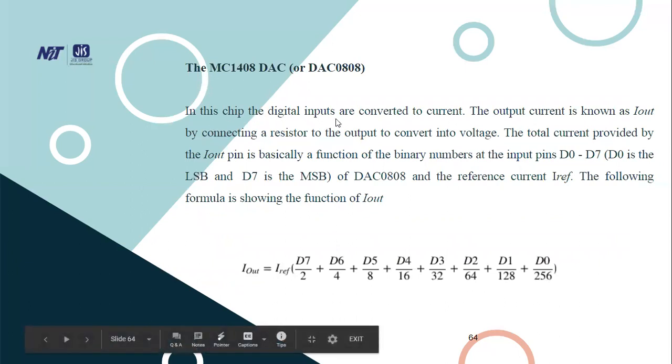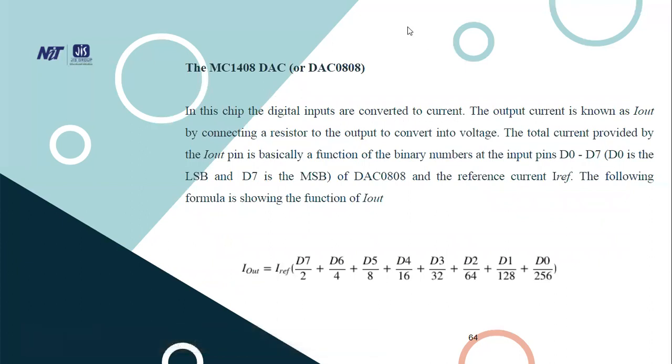The MC1408 DAC or DAC 0808. In this chip, the digital inputs are converted to current. The output current, known as I out, is converted to voltage by connecting a resistor to the output. The total current provided by the I out pin is a function of the binary number at the input pins D0 to D7.